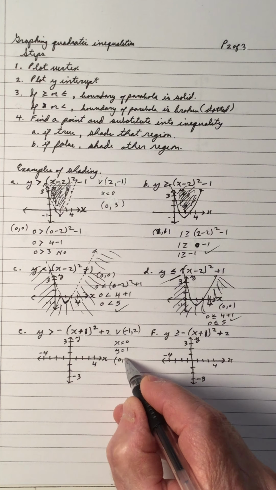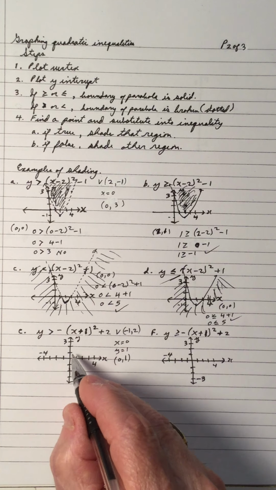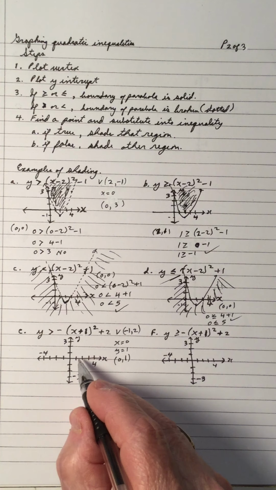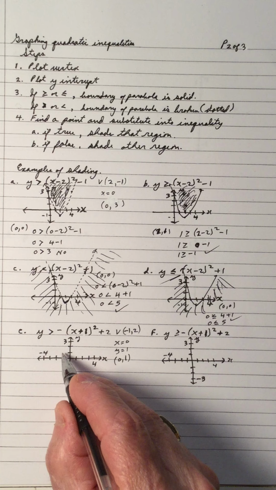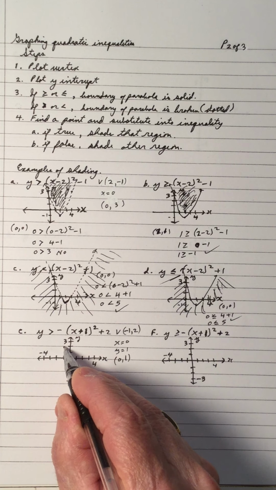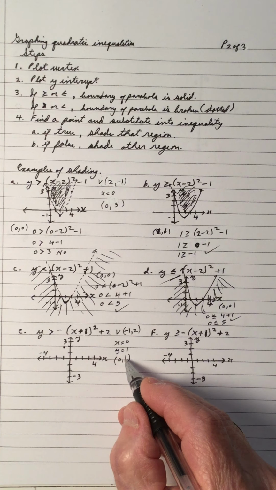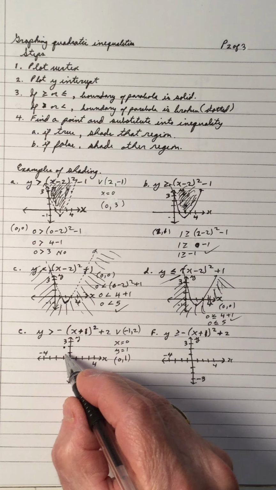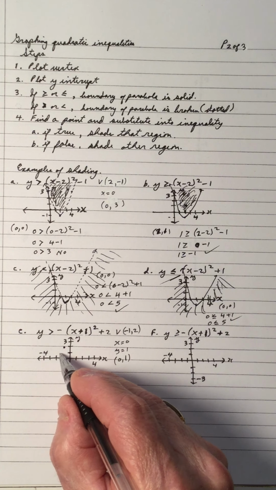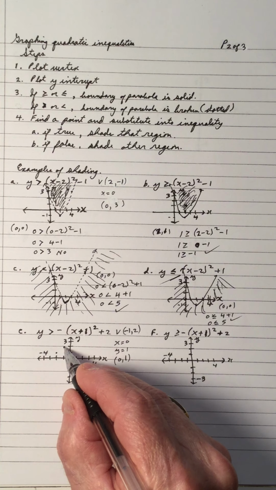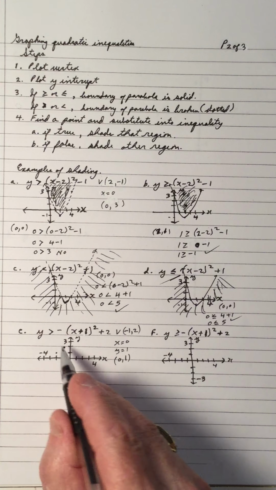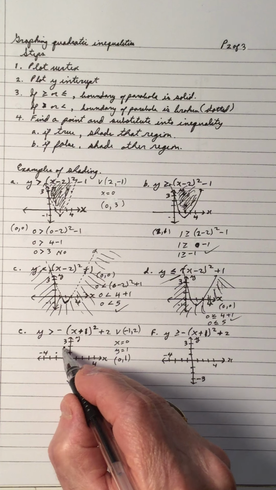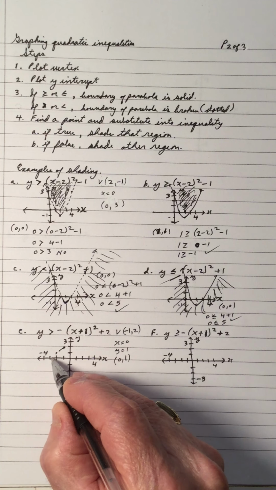So that's 0, 1 as the y-intercept. So the vertex is negative 1, 2, right there. And the y-intercept, x is 0, y is 1, right here. So 1 to the right, we go 1 to the left. So let's check. The boundary line, there's no equal sign, so the boundary line is broken.